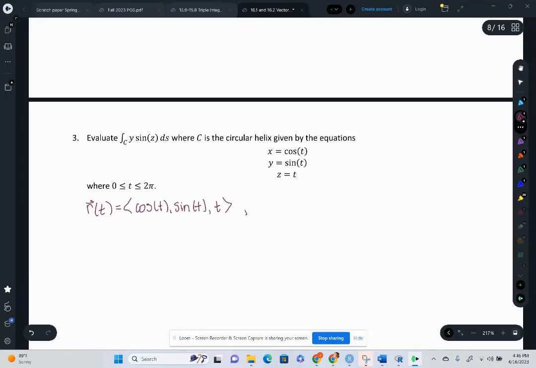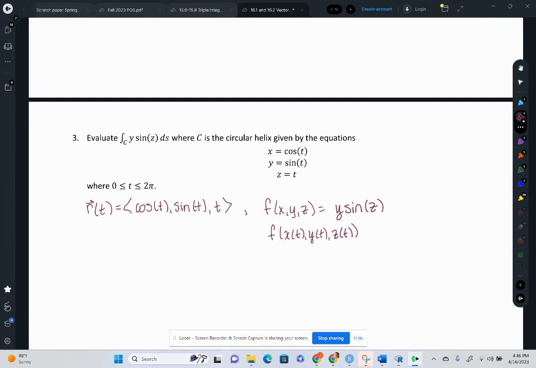I also want to lay out that f of x, y, z is equal to y sine of z, and f of x of t, y of t, z of t is different, because what we do now is we replace all x's with cosine of t, all y's with sine of t, and all z's with t.